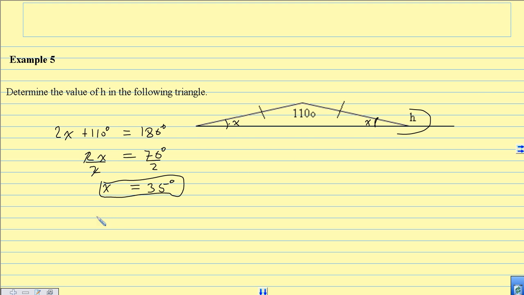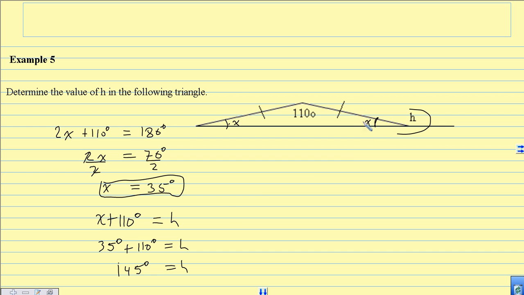So x plus 110 degrees has to equal the outside angle there, h. So x was 35, so 35 degrees plus 110 degrees equals h, and that's simply 145 degrees equals h.